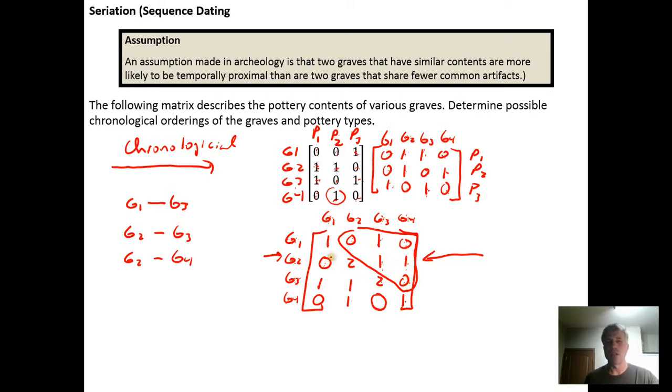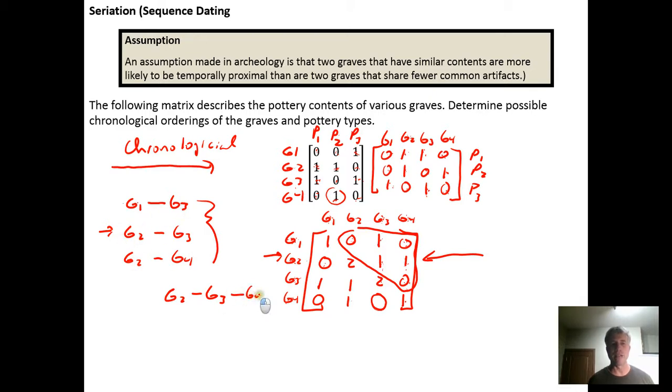So we could interpret the bottom part of the matrix, but because the matrix is symmetric, we would get exactly the same information from the lower part of the matrix, the part below the main diagonal. And then this right here is enough to come up with a possible temporal ordering. So if we just grab the center here, if we know grave 2 is related to grave 3, and then we look at the other relationships, we see nowhere is grave 3 related temporally to grave 4.